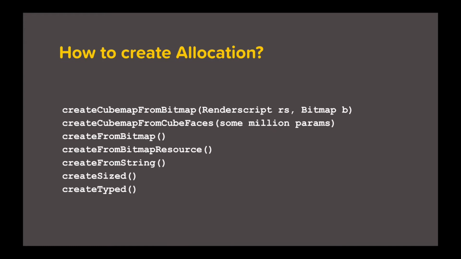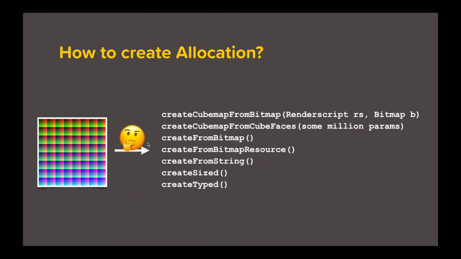That is fine, but how do I create an allocation? It turns out there are a bunch of different methods that can be used to create an allocation, like createCubemap, createFromBitmap and whatnot. So how do I convert this given LUT image into an allocation? Which function should I use?